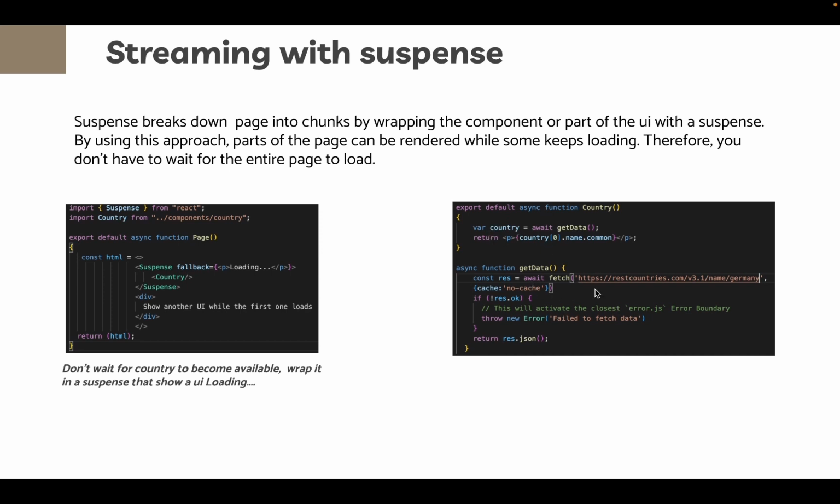It is getting data from the REST Countries API and returning the name of the country, so it's something that's going to take some time. It's wrapped in a suspense and is going to show a fallback UI, loading, until the content, that is the country, becomes available. We also have another div tag that just shows another UI while the first one loads. Let's try to see this from a code point of view.